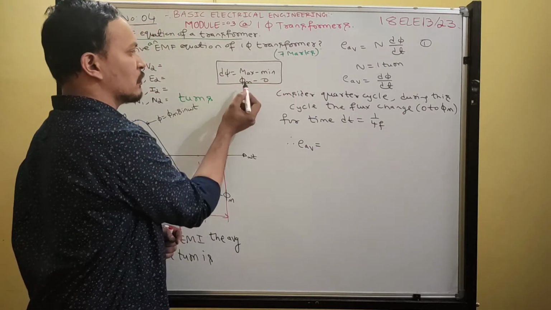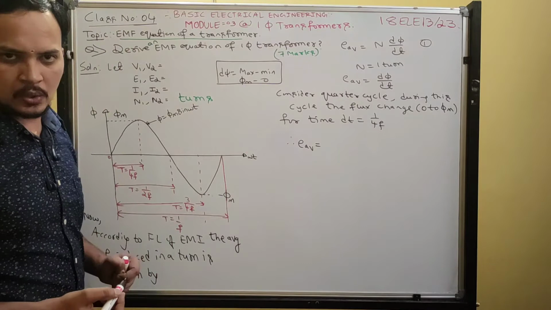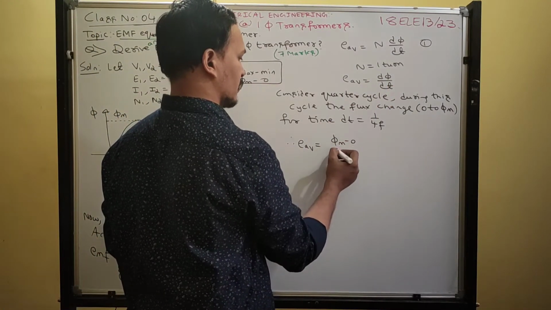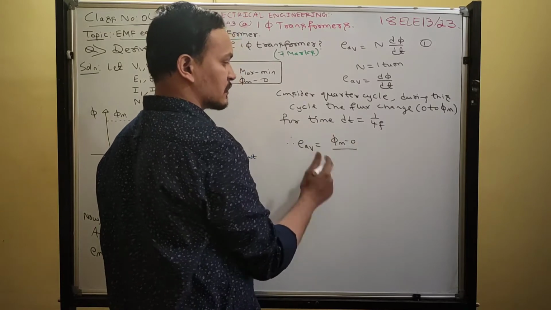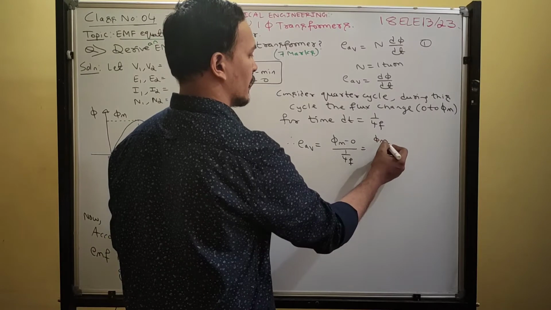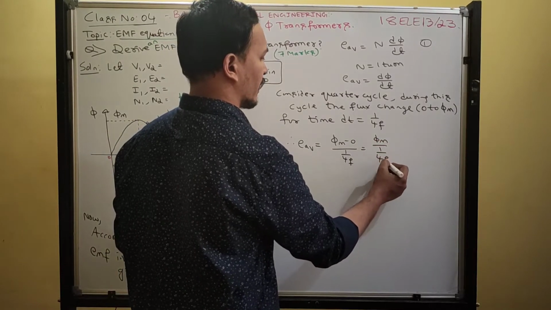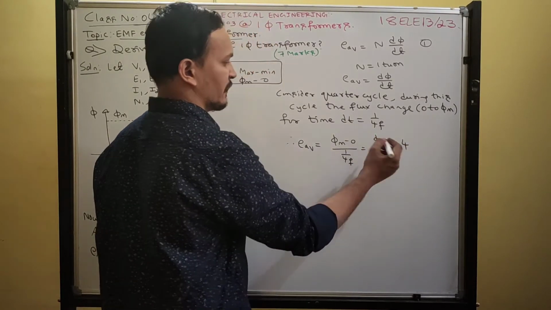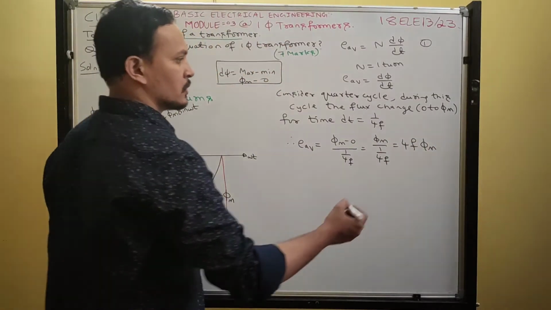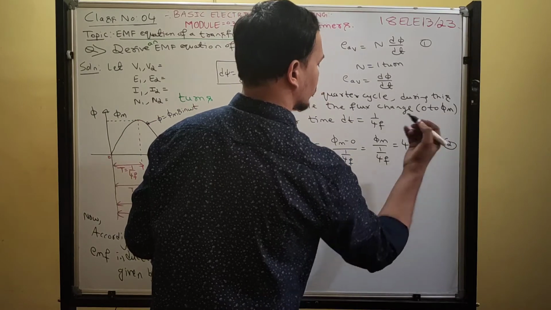Therefore dφ becomes φm minus 0. What is the time taken to change this flux? 1 by 4f. So this becomes φm divided by 1 upon 4f. Simplifying, it becomes 4f φm. So now you take this as equation number 2.